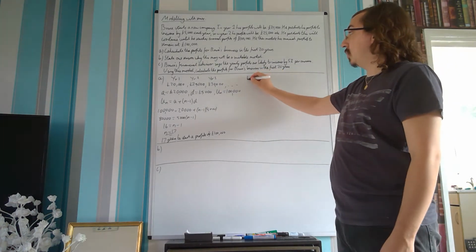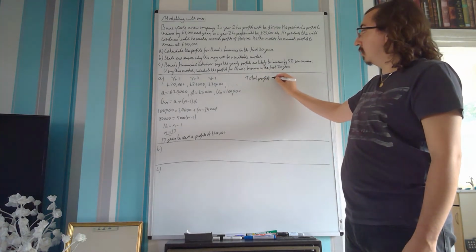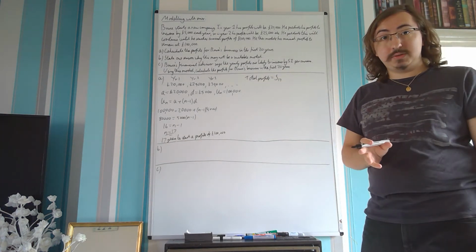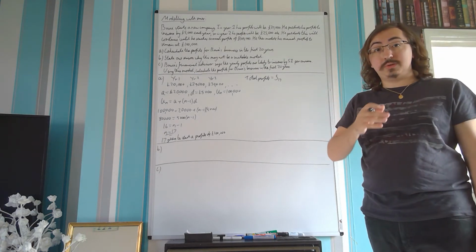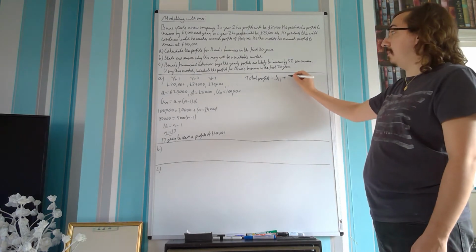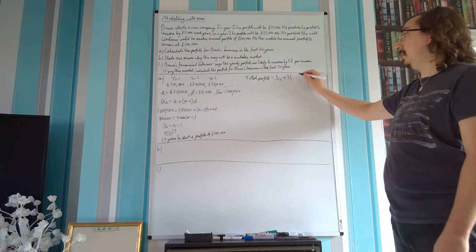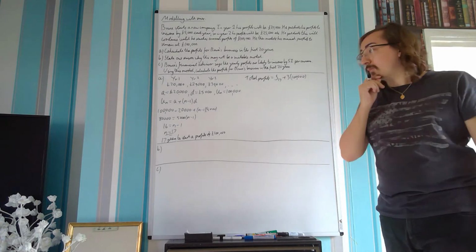So to find his total profit, we need to find the sum of the first 17 years, but actually we want to find it up to the first 20 years, so there's an additional 3 years there. So we need to add on 3 lots of what his profit remains at, which is 100,000.